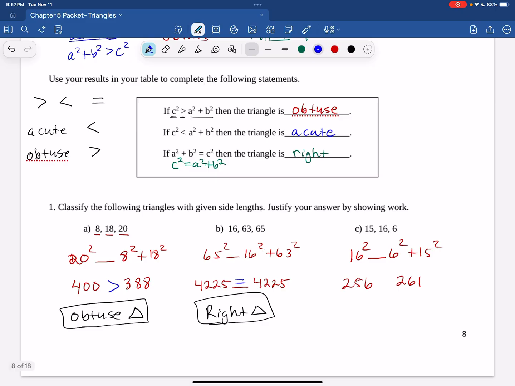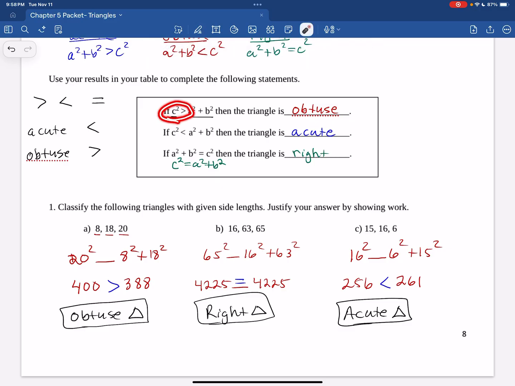And so 256 is less than 261, which means I have an acute triangle. All right, so just a reminder: when you reverse the order of the Pythagorean theorem and you put the c first, when c squared is greater, it's obtuse. When c squared is less, it's acute. And when c squared is equal, it is right.